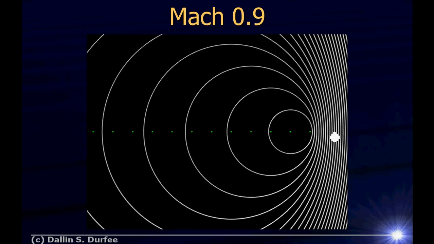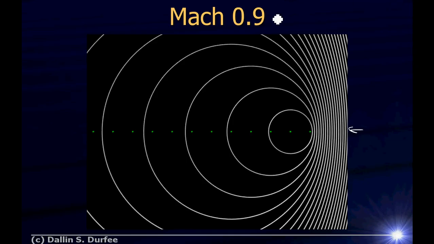And so you can see the plane's going nearly the speed of sound. The wavelengths are very short here and very long here. So there's a very big Doppler shift as you hear the plane from this side and from here, right? But notice that this wavefront has gotten ahead of the plane a little bit, all right? So the plane is not quite traveling at the speed of sound.